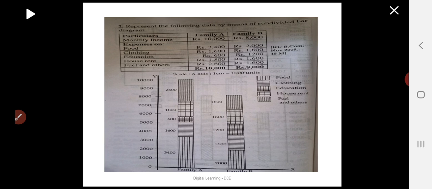The monthly income of family A and family B is given, and expenses on different aspects like food, clothing, education, house rent, fuel, and others. So in the subdivided bar diagram, for family A, monthly income is 10,000.